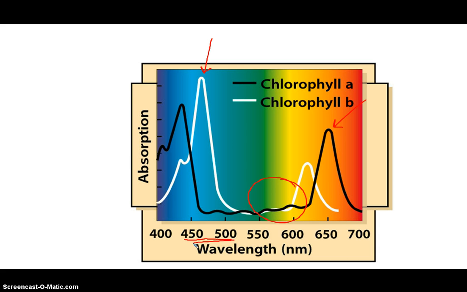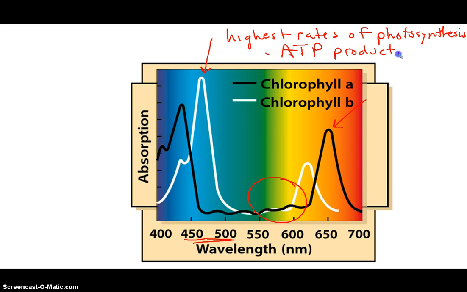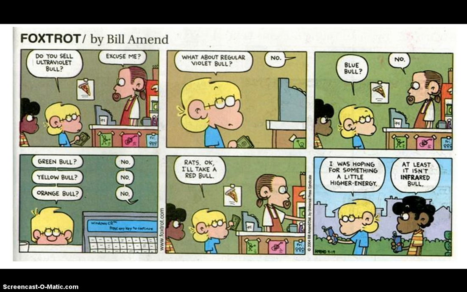Chlorophyll A and B. This is where we have the highest rates of photosynthesis, and therefore the highest rates of ATP production. And that's what it's going to be all about. We want to make this molecule called ATP so we can have lots of energy. And that happens mostly at about 450 to 500 nanometers.